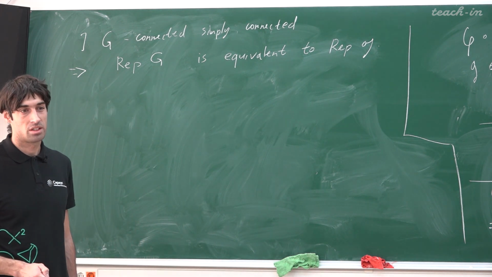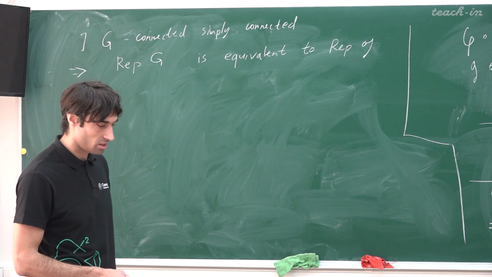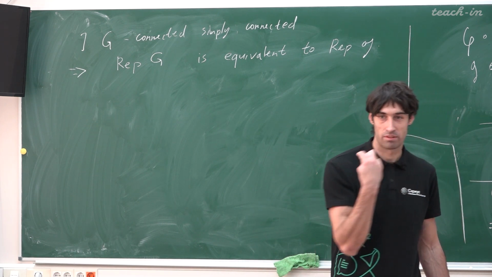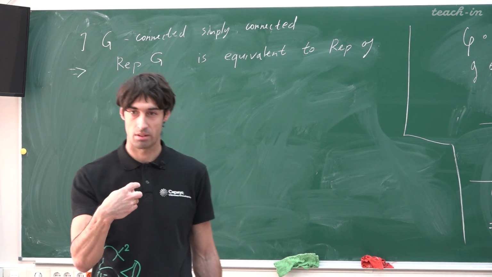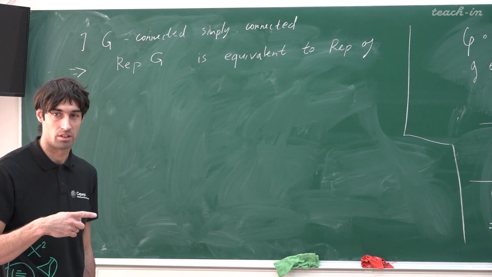Well, equivalence, the definition is that you have a functor, and then you have a functor in the other direction, so that the composition is naturally isomorphic to the identity functor, right?